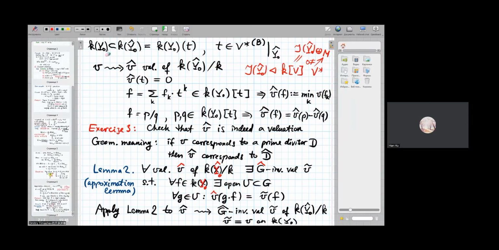And when you come back to a smaller field, you get v itself. So if f is from the smaller field, then here you have just v.